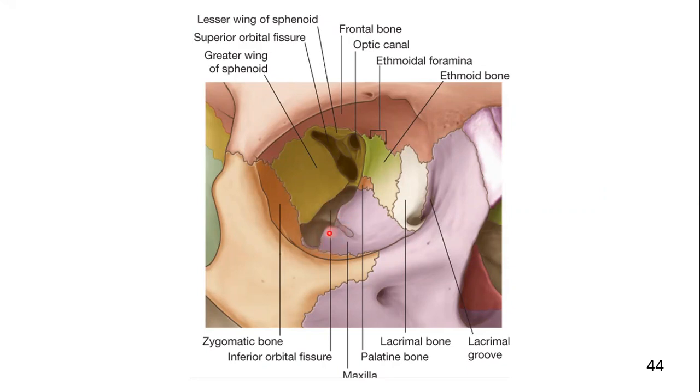Thus, the inferolateral circumference of the orbital cavity can be exposed from the frontozygomatic suture to the zygomatico-maxillary suture and posteriorly to the sphenozygomatic suture and infraorbital fissure. Whole of this area has been exposed by the lateral extension of the subciliary approach.